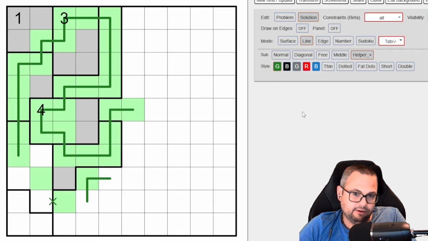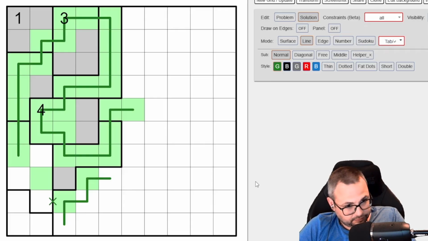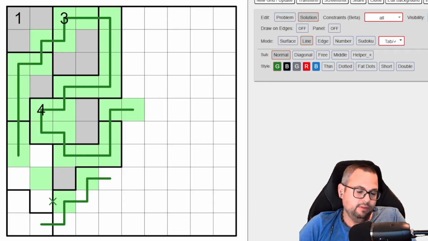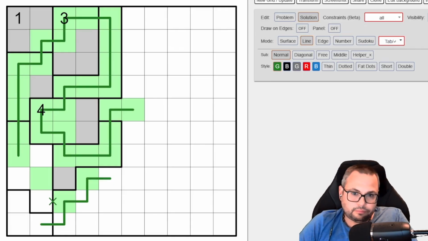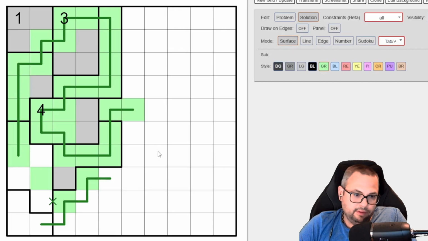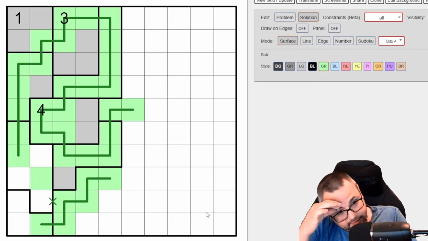So in fact, this is one of these. We know this comes here. So we know we get all of this surface like that.